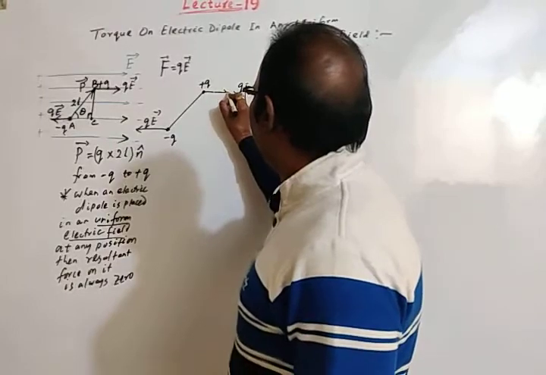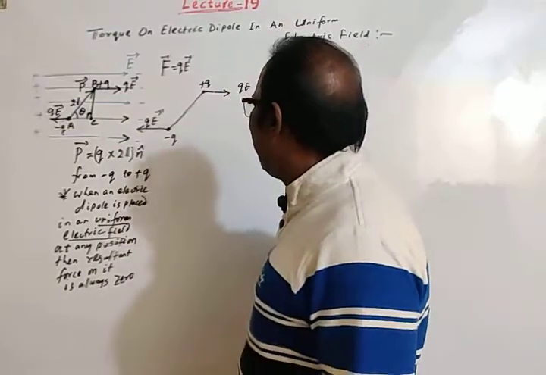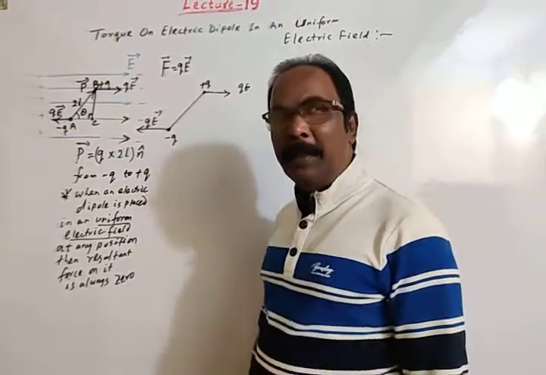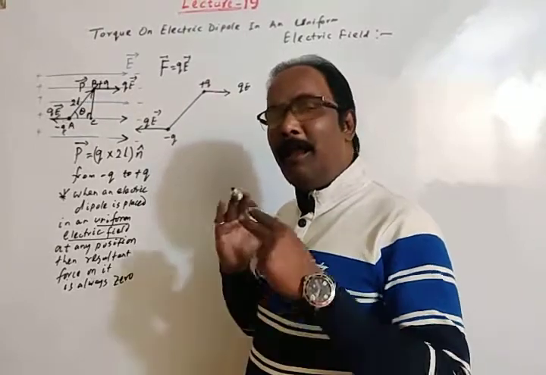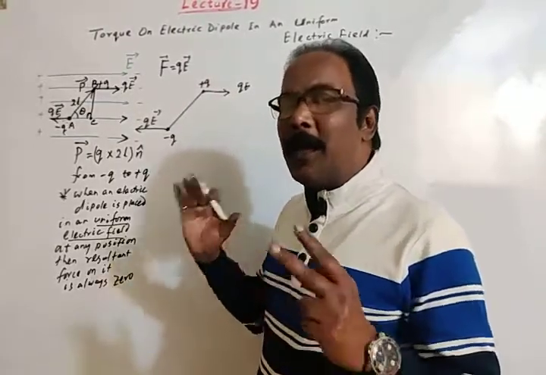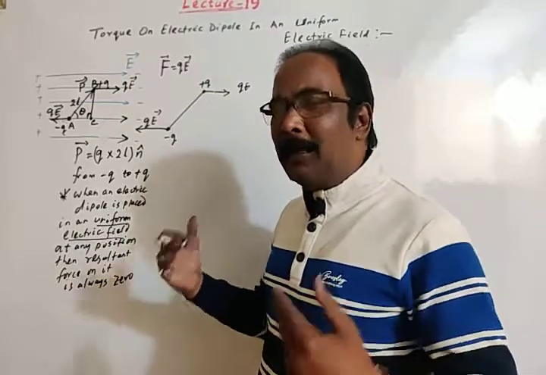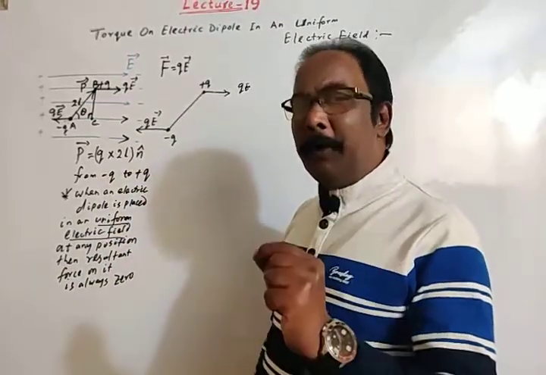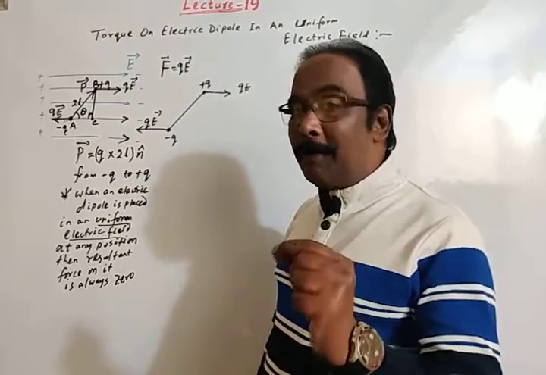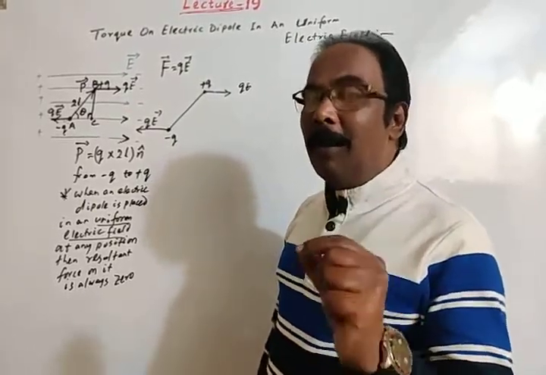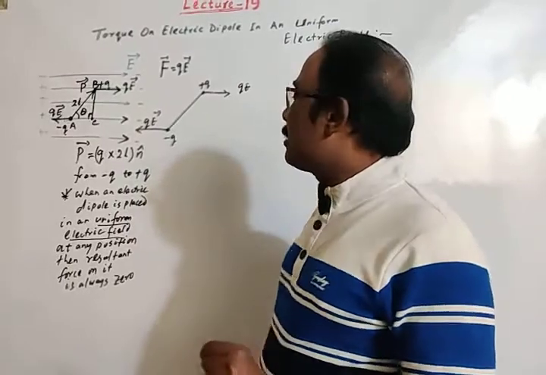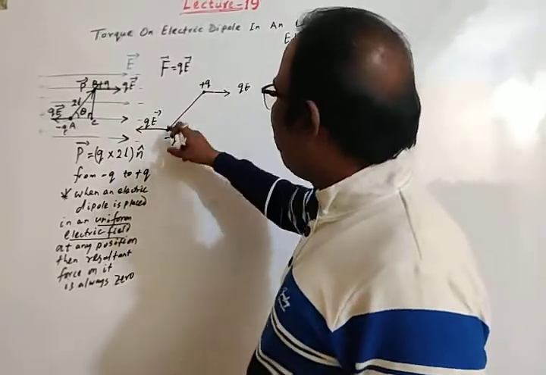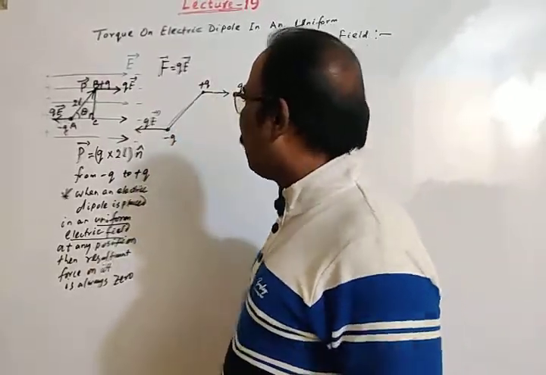So if resultant force is 0, then we may say the dipole is in linear or translational equilibrium, means the dipole experiences 0 resultant force.